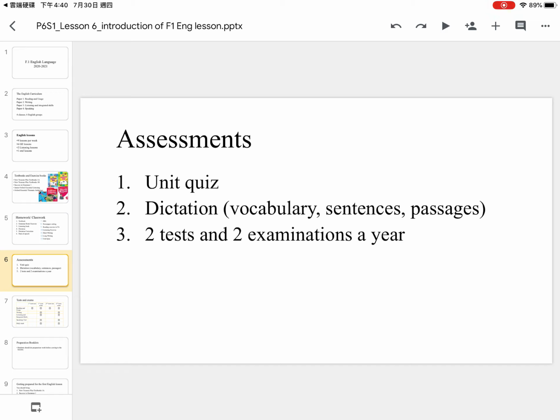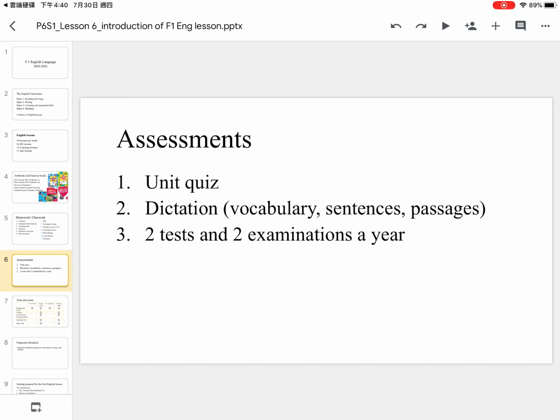So about the assessment, I'm sure you will be concerned about it. We have a unit quiz every 2 units. This unit quiz will be counted as part of your daily mark, and we will also have regular dictations. Dictation will take place in many different ways.